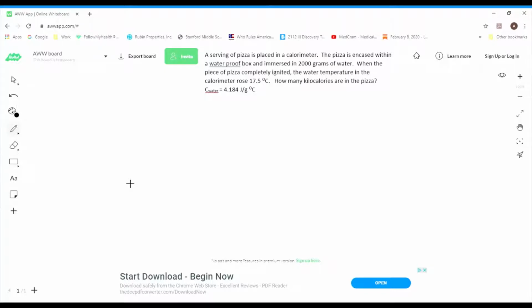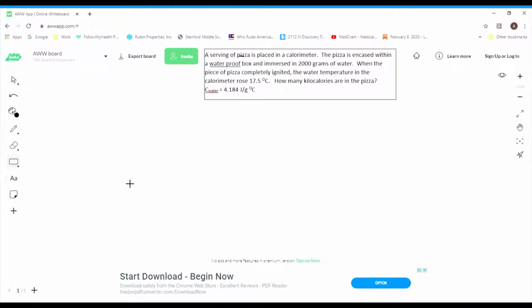All right, so let's take a look at this one here first. If you read the question, I'll put a little rectangle around it. It says a serving of pizza is placed in a calorimeter.